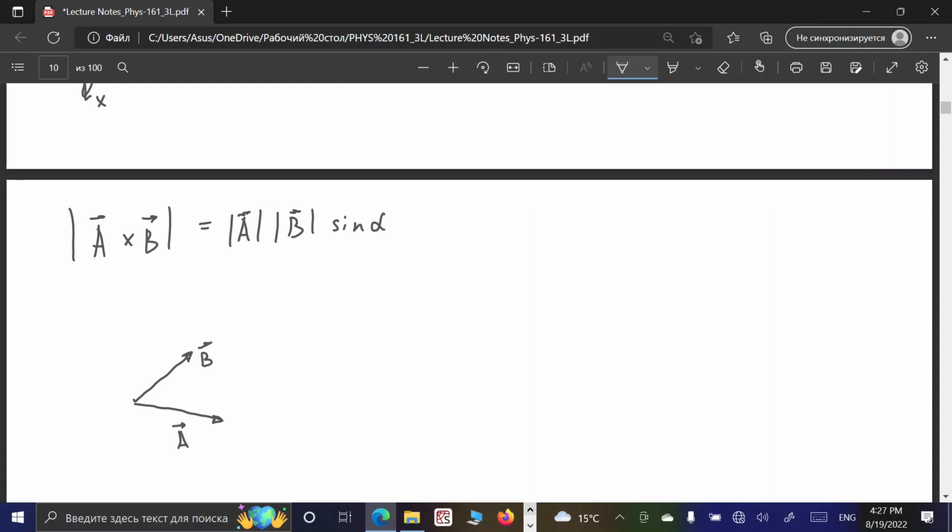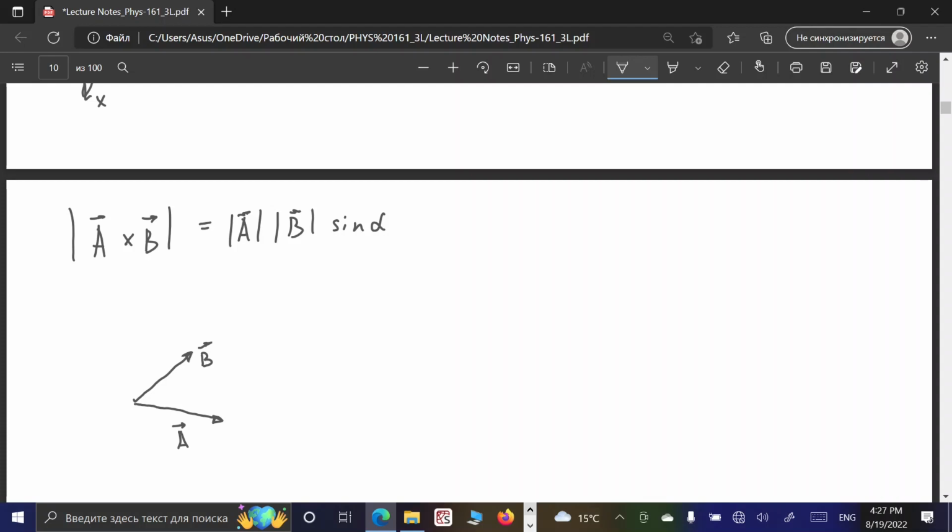With our right hand, we twist it in such a way that with four fingers we first cross vector A, which stands first in this cross product, then we cross vector B. When we do this, our thumb of the right hand will show us the direction of the cross product of A vector and B vector.